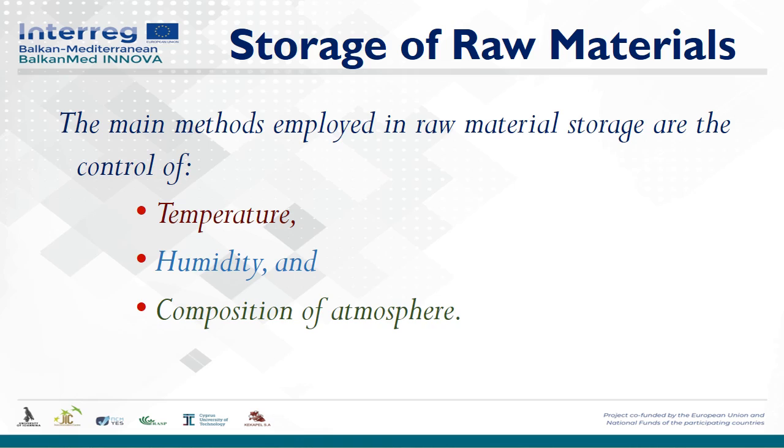Storage conditions of raw materials in warehouses depend on a number of factors such as temperature, humidity, moisture, etc. Different products require different storage conditions. For example, fruits and vegetables continue the respiration process even after they are harvested, and this is a problem because respiration affects the softening of their texture.